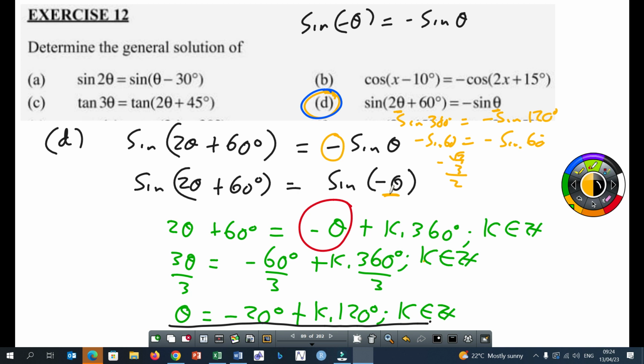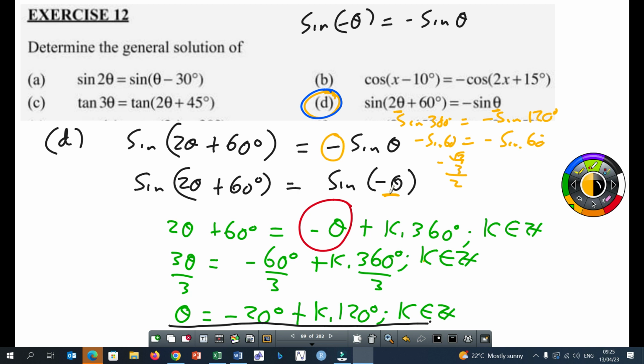Which quadrant is that? Fourth. And if in the fourth quadrant sine is positive or negative, in which other quadrant is sine negative? Right. So the reference angle there is a negative theta, which is the same as 360 minus theta. That's in the fourth quadrant.